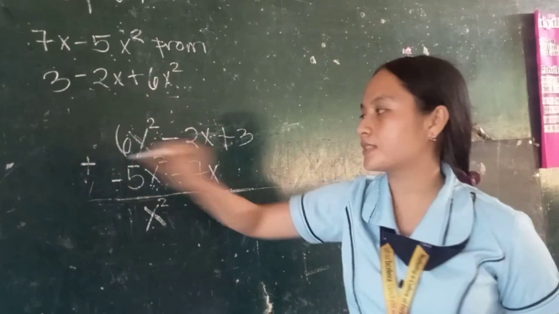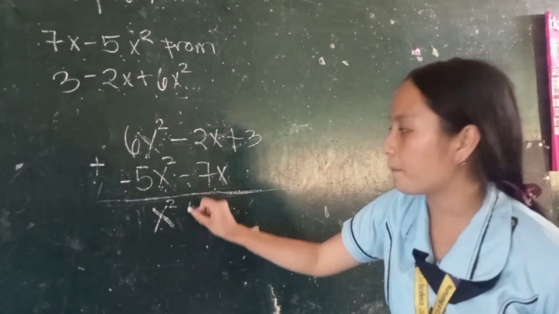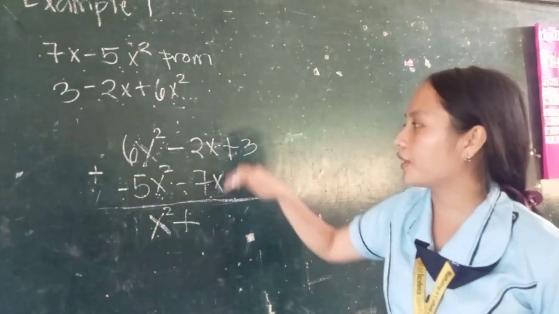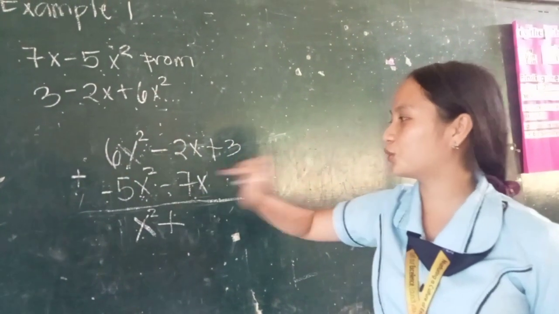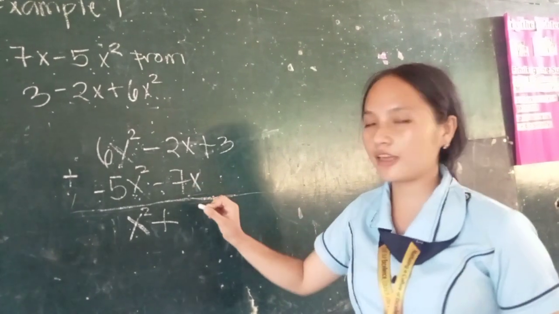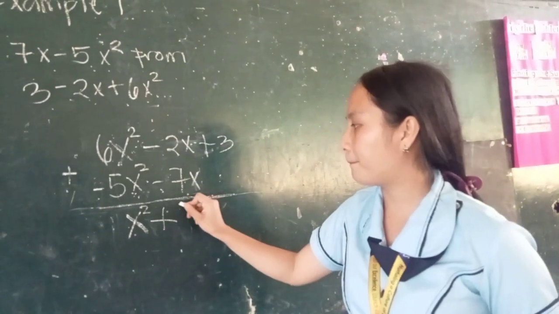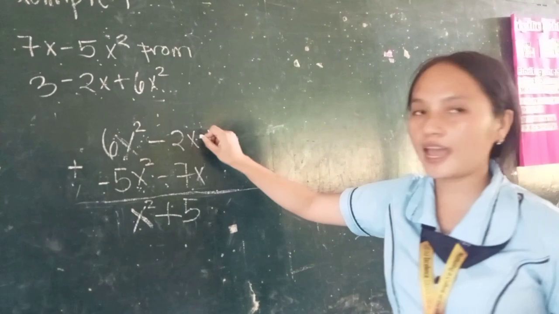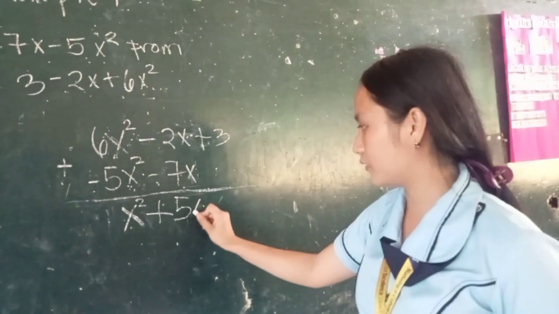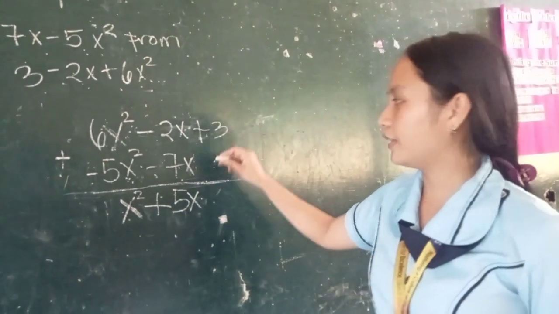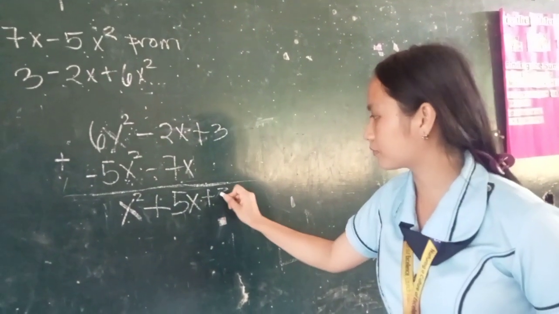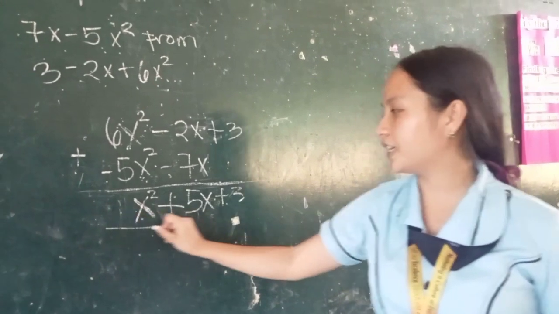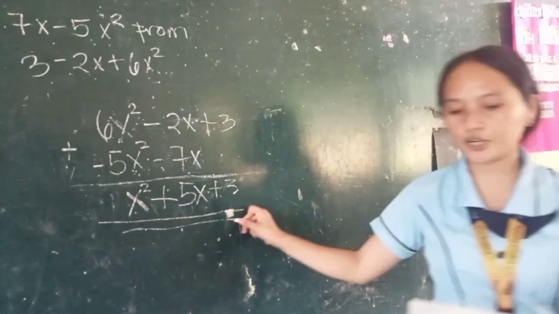Negative plus negative equals positive. So, negative 2 plus negative 7, the answer is positive 5. Then copy the x, there is no squared. Then also copy the positive 3. So, this is the answer.